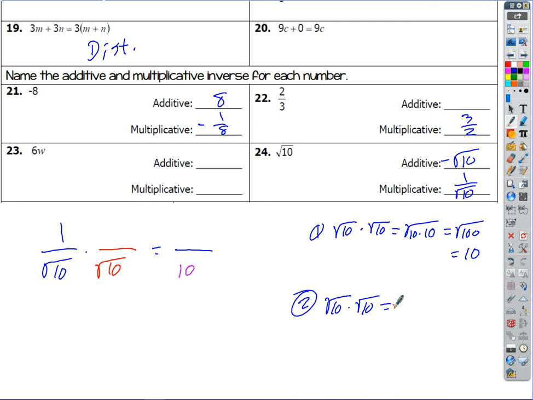Ah, okay, the square root of 10 squared. If we multiply something by itself, isn't that really the definition of squaring something, right? So we could write this as the square root of 10 squared, and what happens? Well, a square root and a square cancel each other, right? And so I end up getting a 10. Either way you slice it, we get 10, don't we?